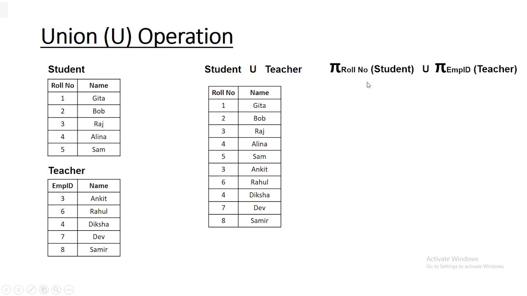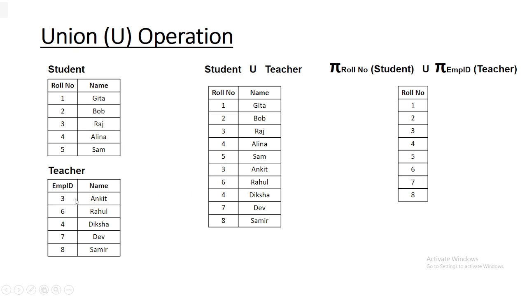If you look at the output of this mathematical expression, in the student relation the roll numbers are 1, 2, 3, 4, 5, and in the teacher relation the employee IDs are 3, 6, 4, 7, 8. If you perform the union operation, the output would be 1, 2, 3, 4, 5, 6, 7, 8.